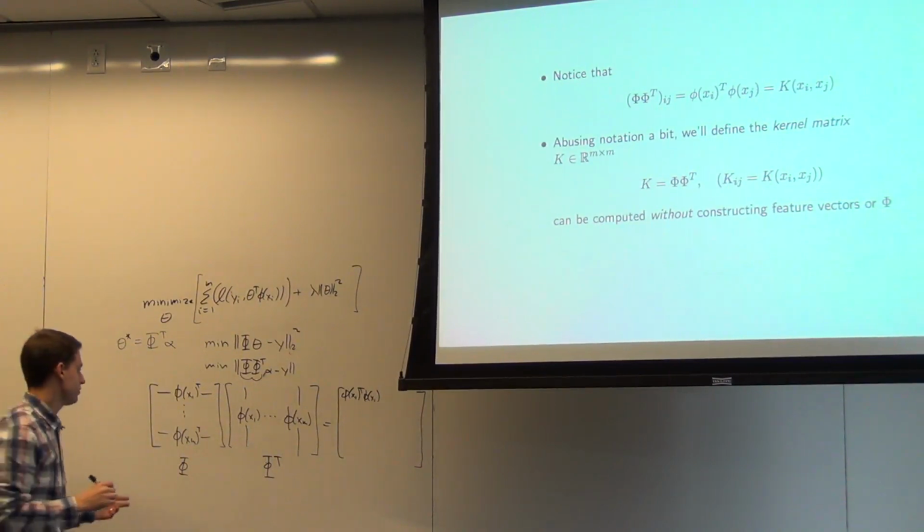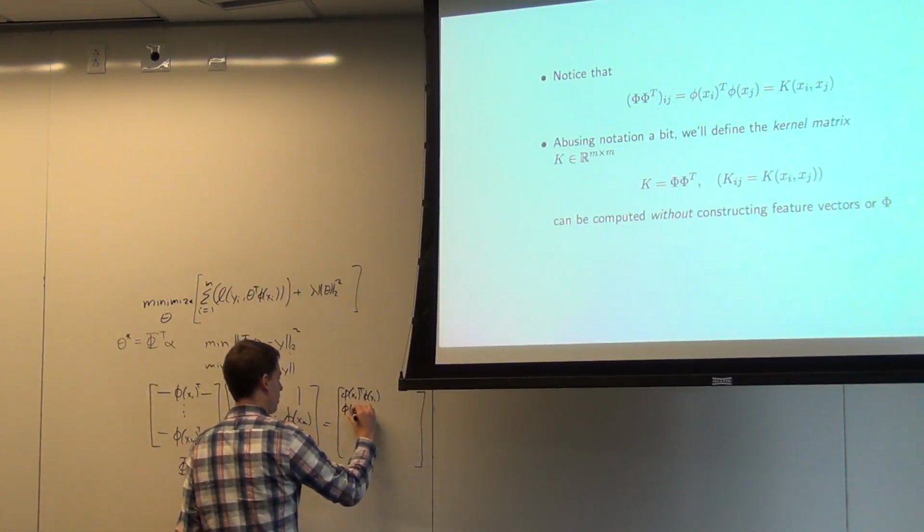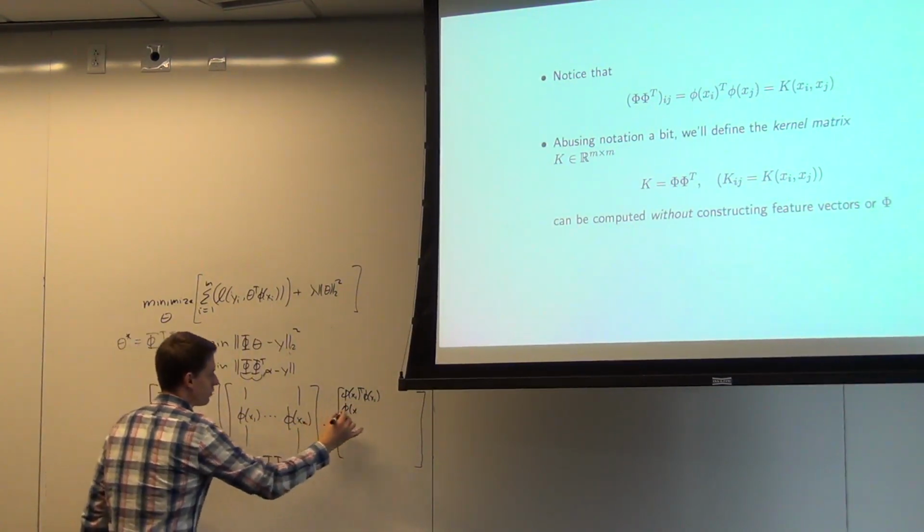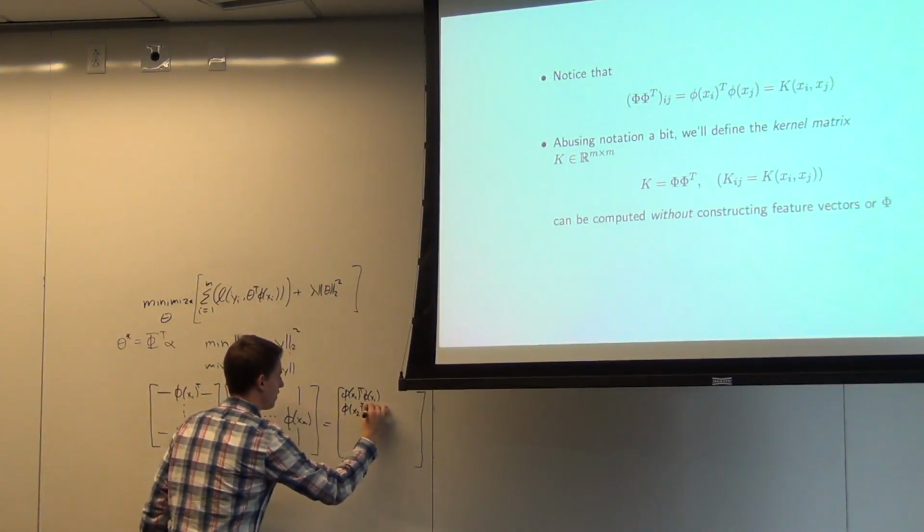The next one is the second row, so phi x2 transpose phi x1.